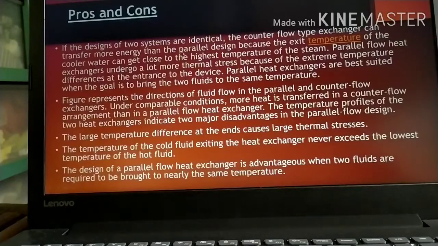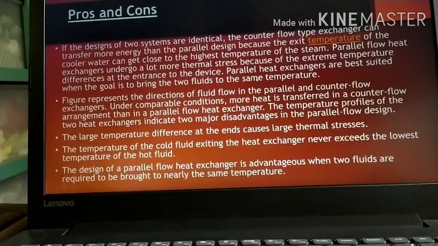So a parallel flow heat exchanger undergoes a lot of thermal stress because of the extreme temperature difference at the entrance to the device. Parallel heat exchangers are best suited when the goal is to bring the two fluids to the same temperature.